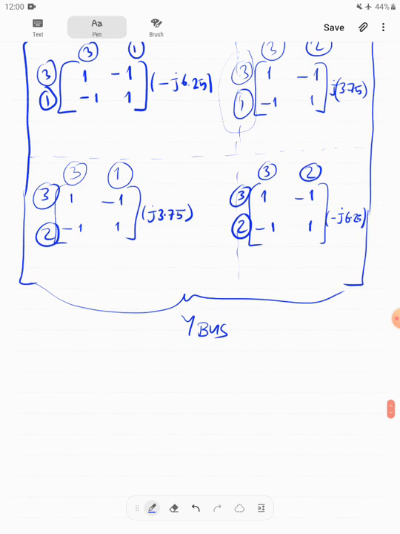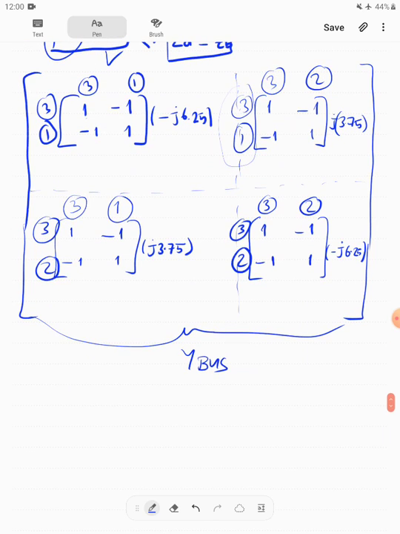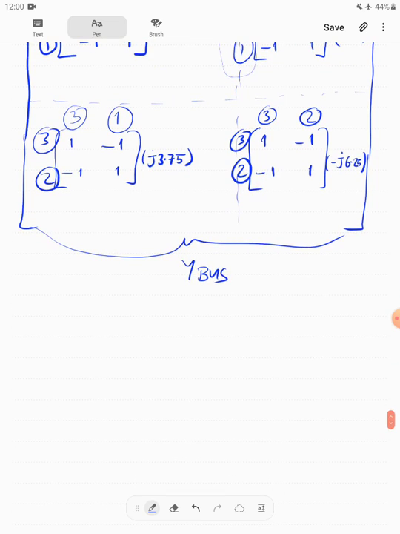But at the end, what must be the dimension of Y bus? If you check all of these matrices together, you see the maximum number of rows is 3, and the maximum number of columns is also 3. So the Y bus dimension will be 3 by 3.